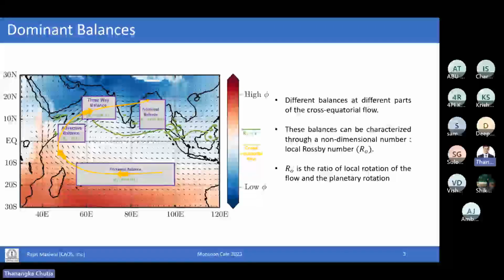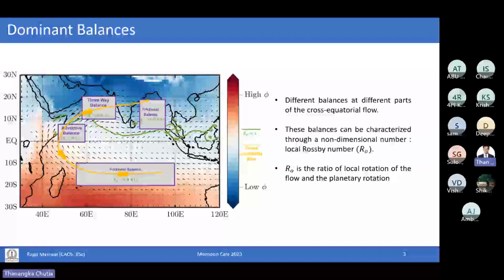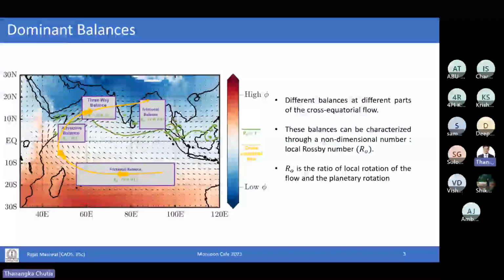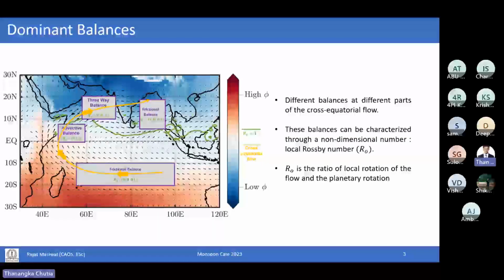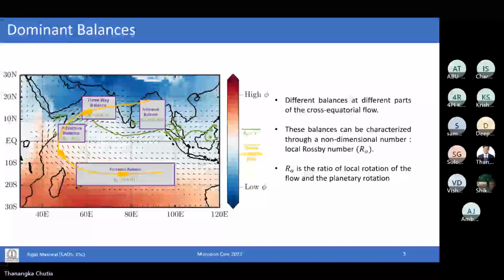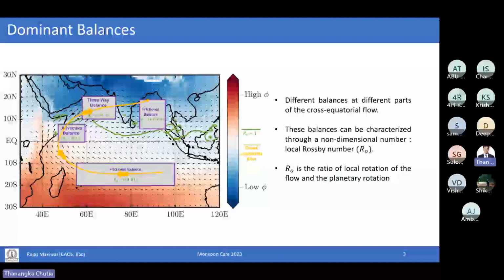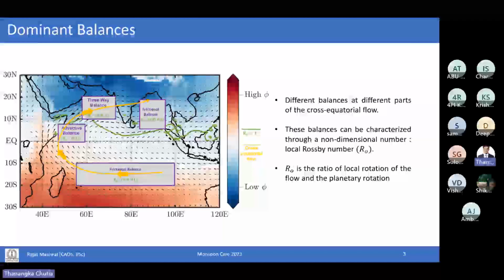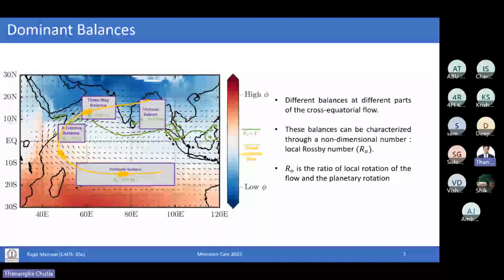Friction here is not being calculated. Friction here is computed as the residual of the kinetic energy budget. So we don't have a parameterization of friction here. Whatever is left, we term it as friction. And if you look at the vertical profile of this residual term, you can see that near the surface, it's the maximum. So we can, with some confidence, say that the residual term is indeed the frictional term.